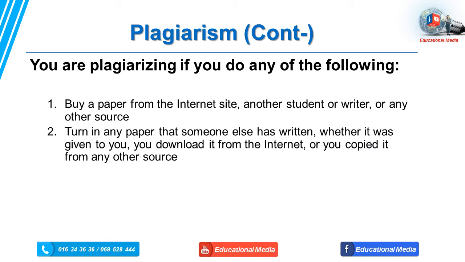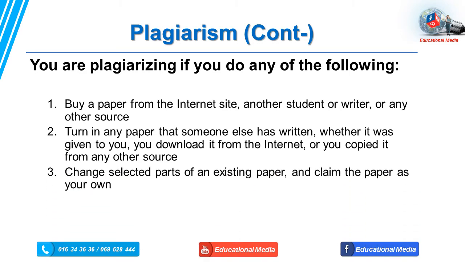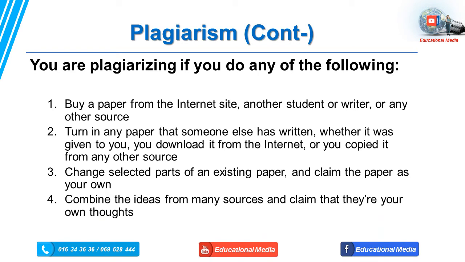Number two, turn in any paper that someone else has written, whether it was given to you, you downloaded it from the internet, or you copied it from any other source. Number three, change selected parts of an existing paper and claim the paper as your own. Number four, combine the ideas from many sources and claim that they are your own.